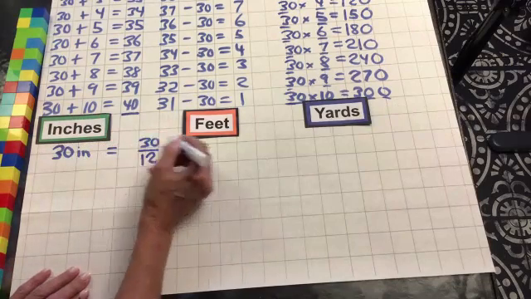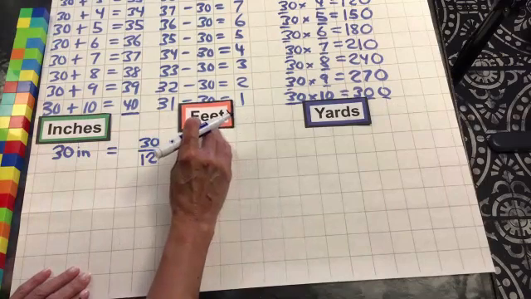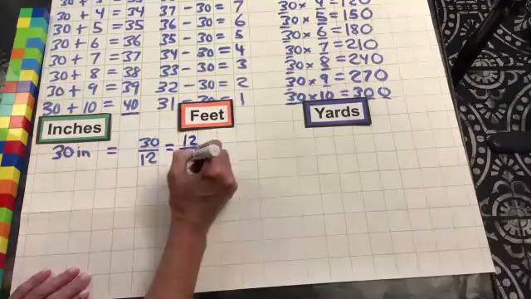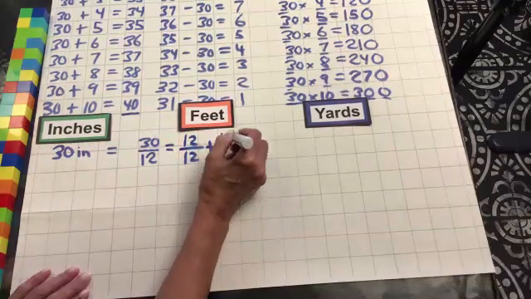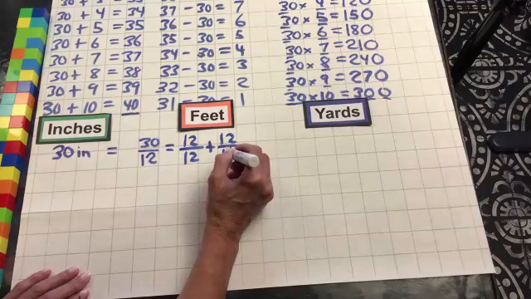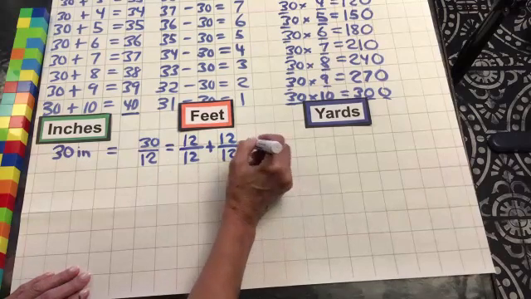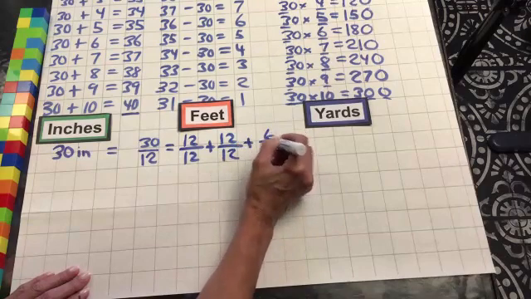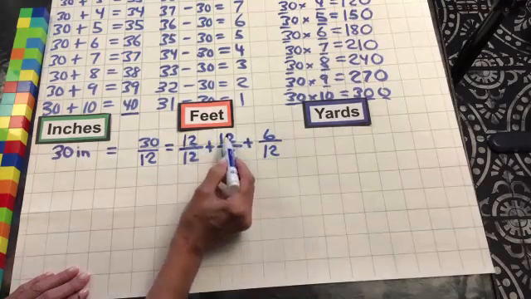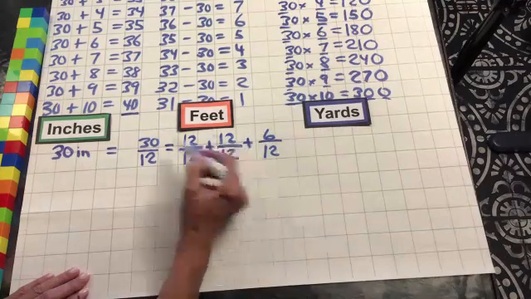So 30 over 12 equals, and we're going to break it apart in 12. So we have 12 twelfths plus 12 twelfths. Well, we know 2 twelfths is 24. So all we have is 6 more. So that would be 6 twelfths. So 12 plus 12 is 24, plus 6 is 30.